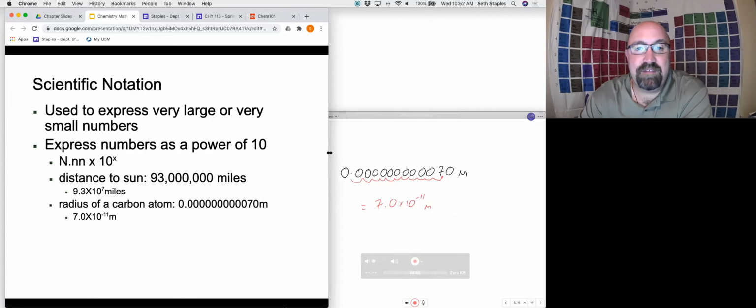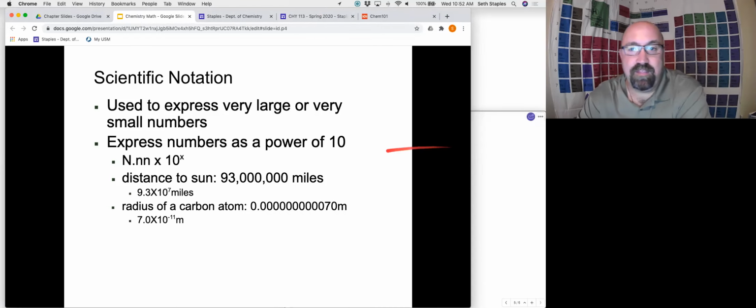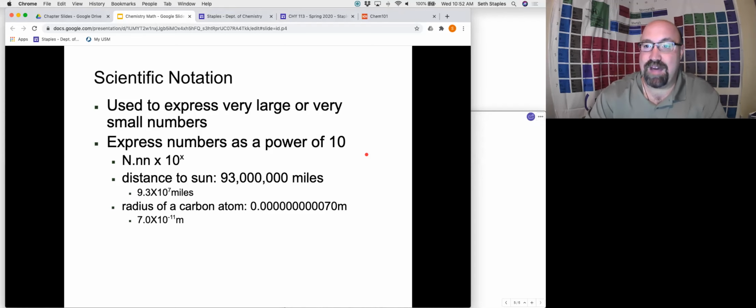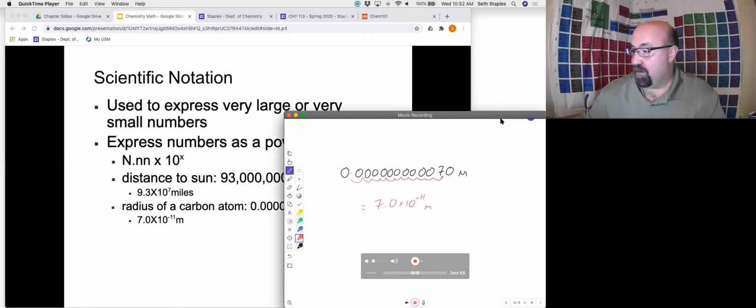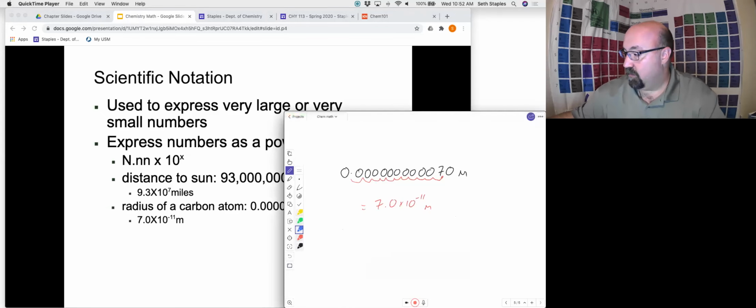When you're working with scientific notation in your calculators, and this, by the way, is the reason why you need a scientific calculator for this course, because a basic calculator without scientific notation can't handle numbers like this. And we're going to be dealing with numbers that are even larger and smaller than these. When we deal later on with Avogadro's number, it is 6.02 times 10 to the 23rd.